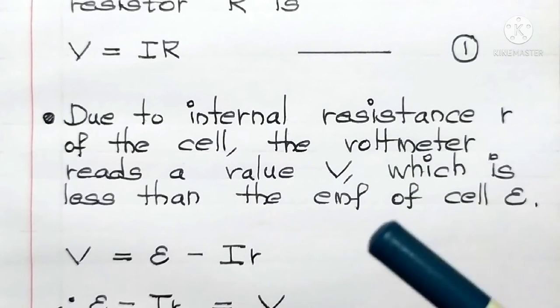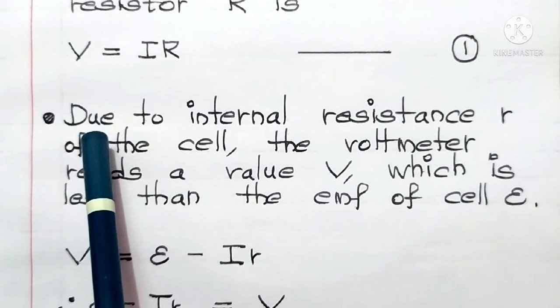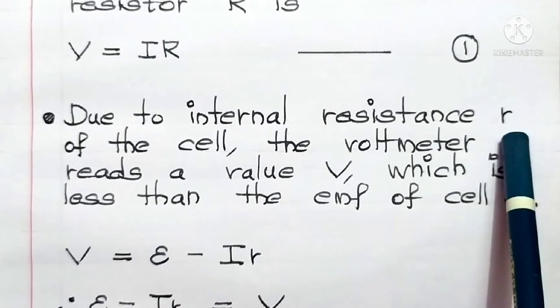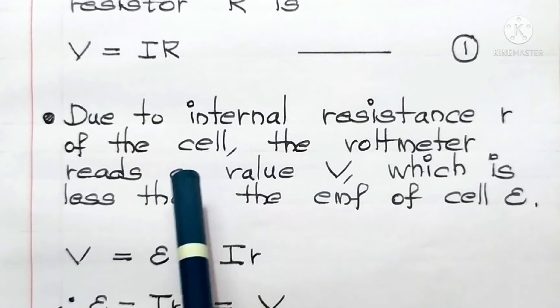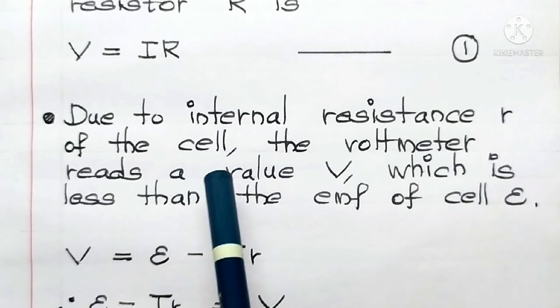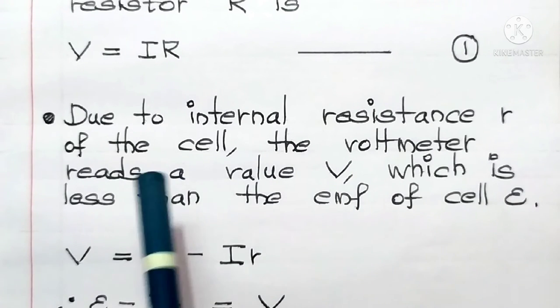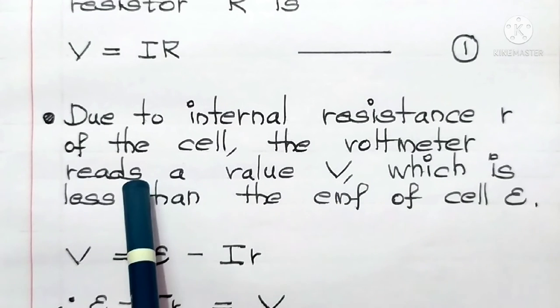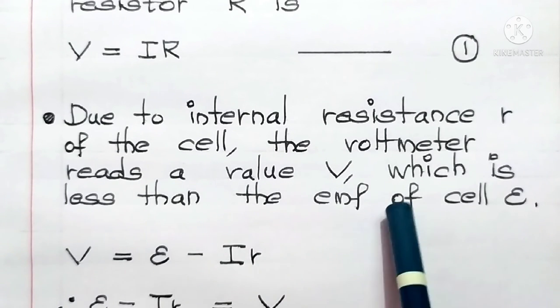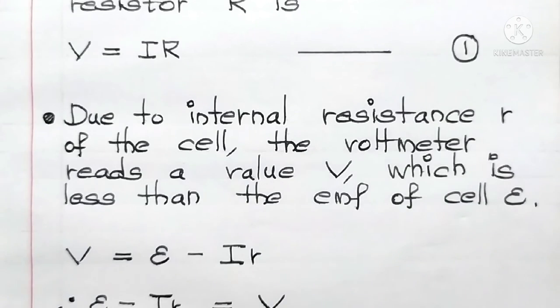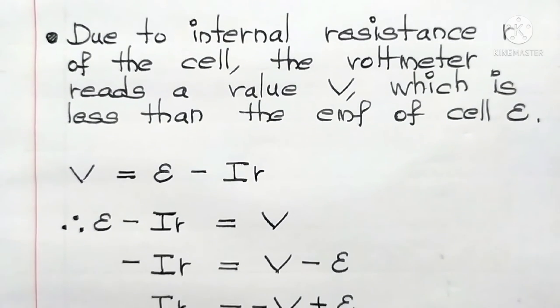So now we can measure the voltage. Due to the internal resistance small r of this cell, the cell itself offers a kind of resistance to the flow of current. Therefore, the voltmeter reads a value V which is less than the EMF of this cell E. So we can write the equation like this.